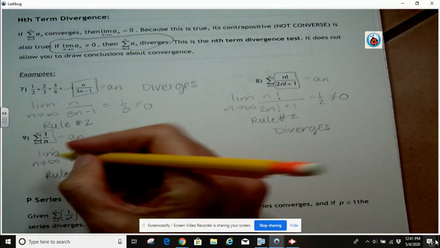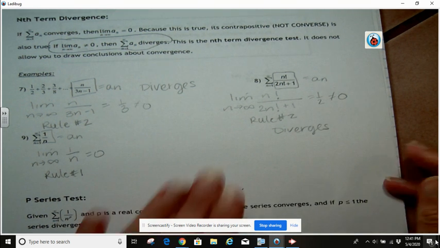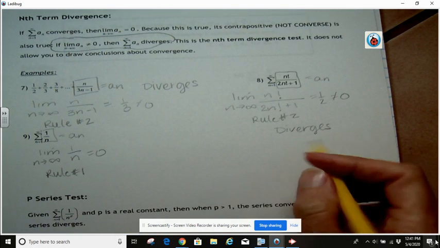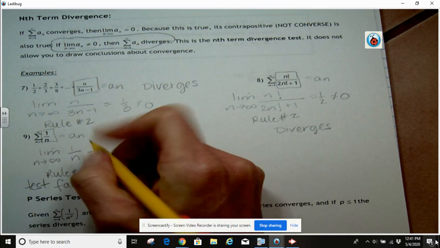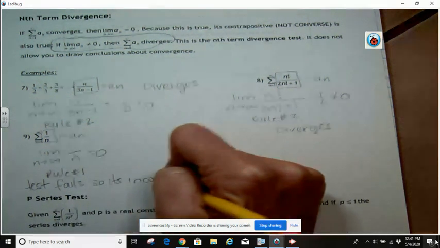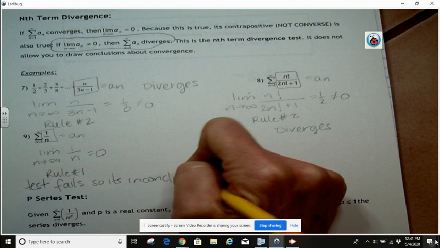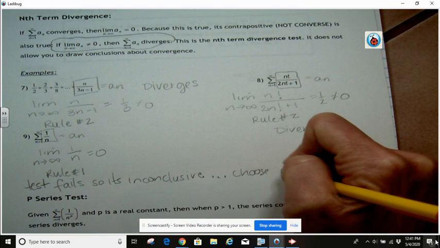So the limit to infinity of a rule number 1 is 0. So what we've determined here is not that this series converges. This is just the test fails. So it's inconclusive. And you have to use another test.